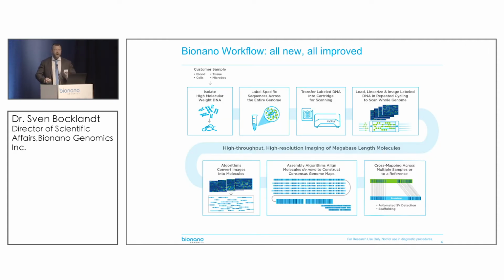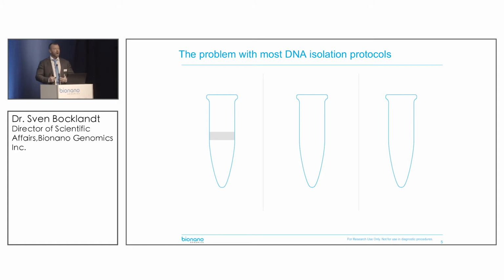Now I'll talk real quick about how it technically works. The first step to image megabase-sized DNA is, of course, having megabase-sized DNA. And that's not obvious, because every major standard method to isolate DNA fragments it at about 30 or 50 kb or so. And that's true whether you use spin columns, whether you use magnetic beads that grind the DNA apart, or simply precipitate it, and these forces also shear the DNA.